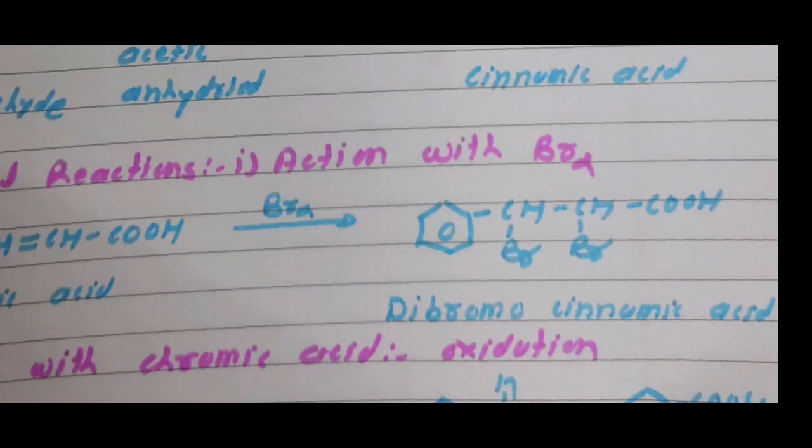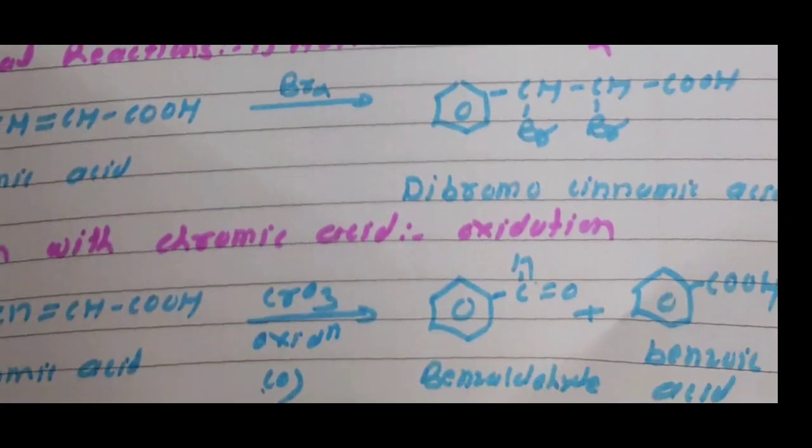Then the second reaction is the oxidation reaction, using different oxidizing agents. There are two oxidation reactions: the first with KMnO4 and the second with chromic acid. First I am showing oxidation using chromic acid. On oxidation with chromic acid, it gives a mixture of benzaldehyde and benzoic acid.